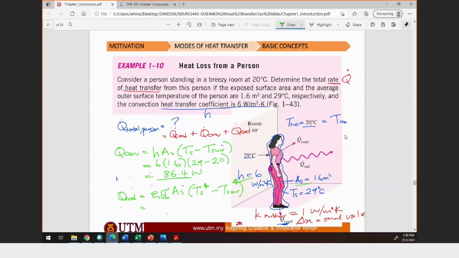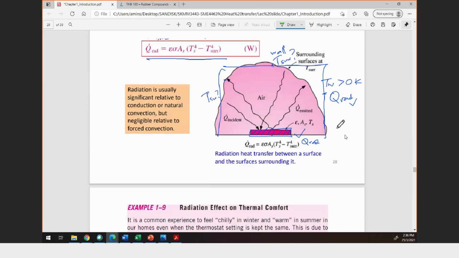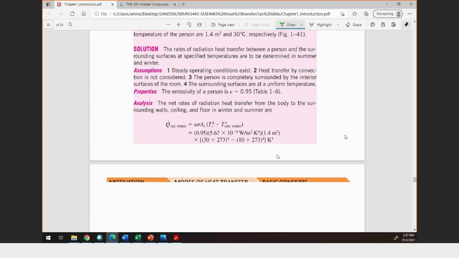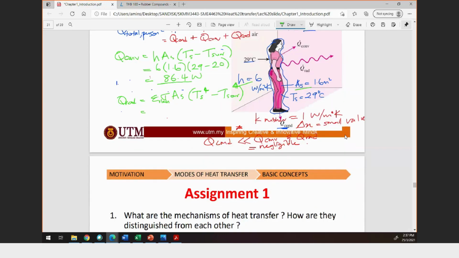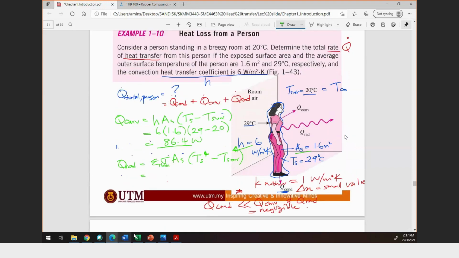What is the value? Skin is 0.95. So this is 0.95, Stefan-Boltzmann 5.67 times 10 to the power of negative 8. Surface area is 1.6.